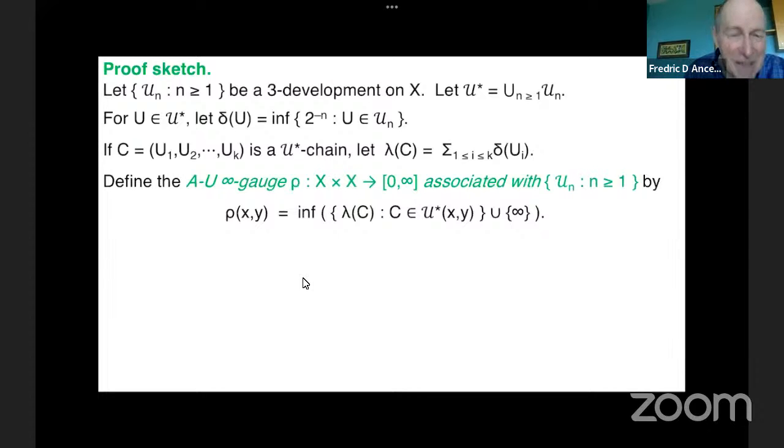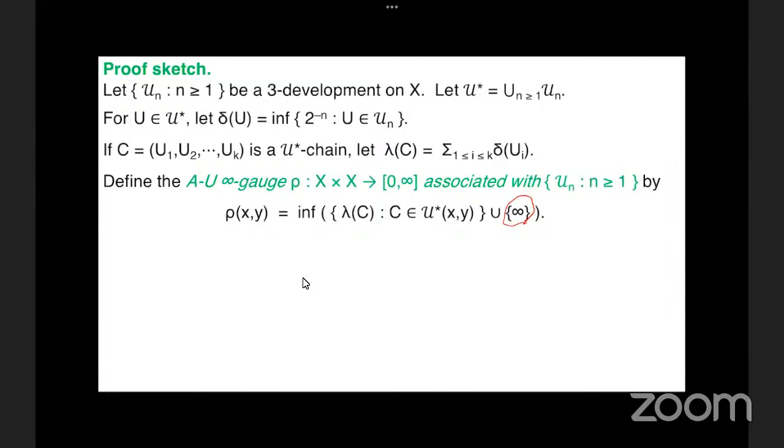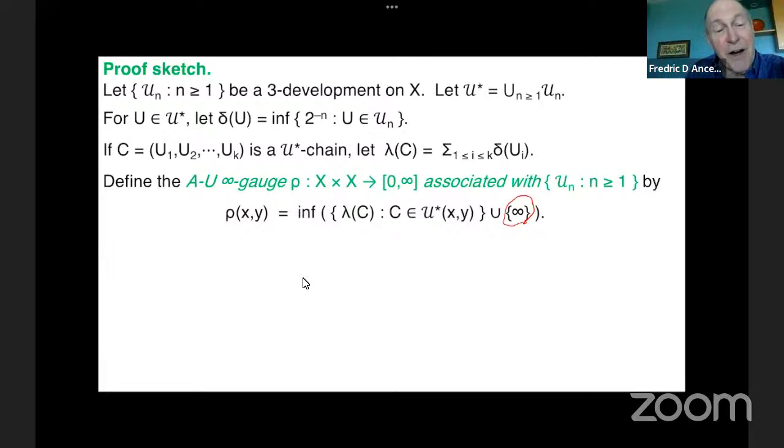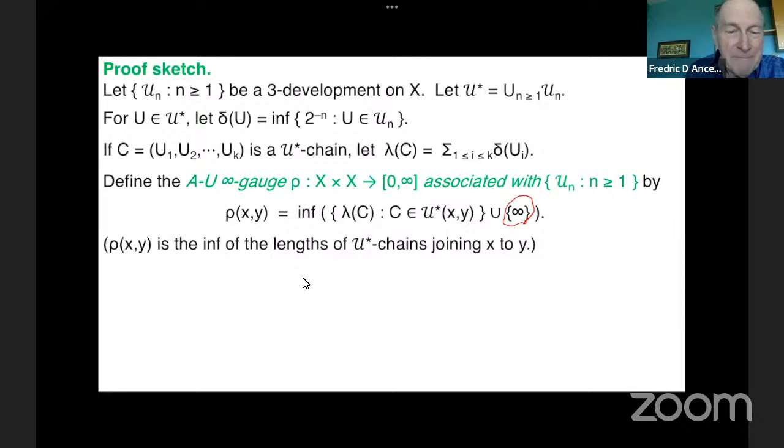Then you take the inf over lengths joining 2 points to get the Alexandrov-Urysohn infinity gauge. You have to put infinity in there because it might be the case that 2 points aren't joined by a chain, and then you assign them distance infinity. That's why this gauge is really an infinity gauge. Sometimes you get infinity out of it.